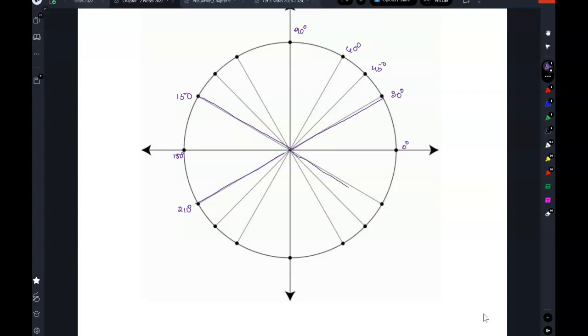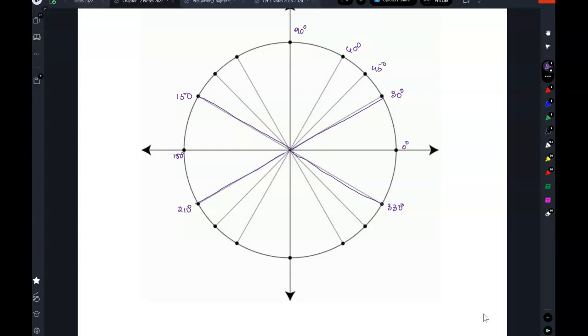Lastly, this one here is also 30 degrees away from the x-axis. It'll be 330 degrees because 30 more would give you 360. Do you see how these 4 are all vertically 30 degrees away from the x-axis? So those are 30 degrees, 150, 210, 330.